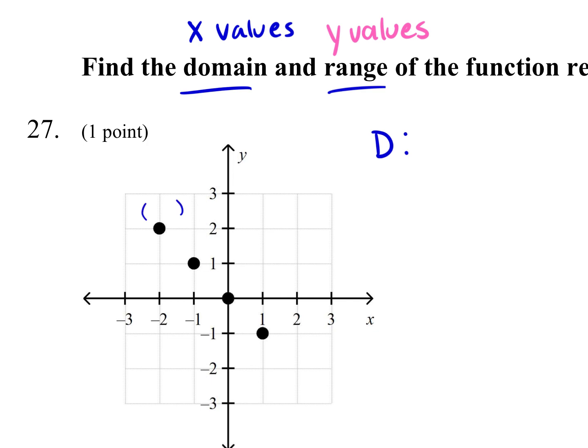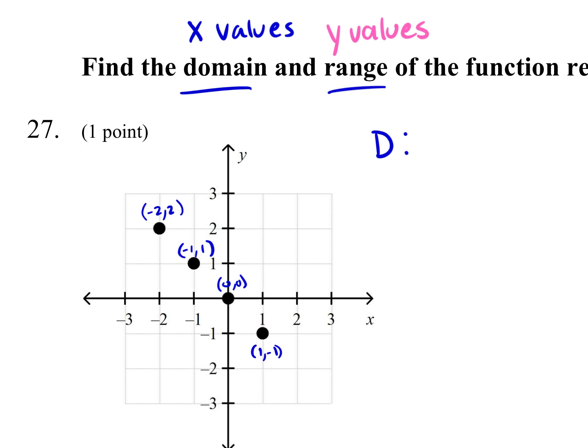So for the point all the way to the left, what would my coordinates be here? -2, 2. What about the next one? -1, 1. The next one? 0, 0. And then the last one? 1, -1, because it's X then Y. So we're just looking at our X values.